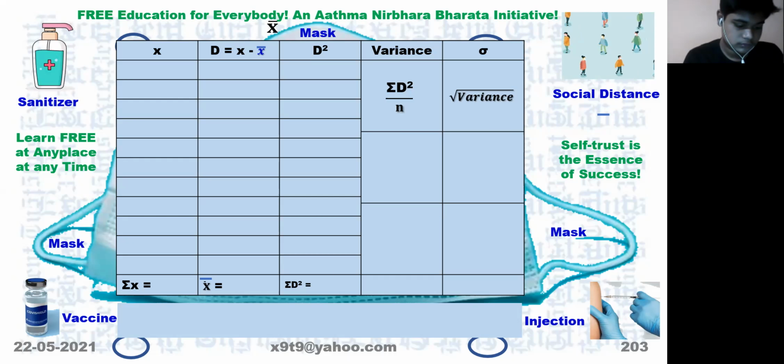So count the number of numbers and add 2 extra. That will be the total number of rows required. So the first 3 columns will have those many rows. The last 3 you make 3 equal parts.